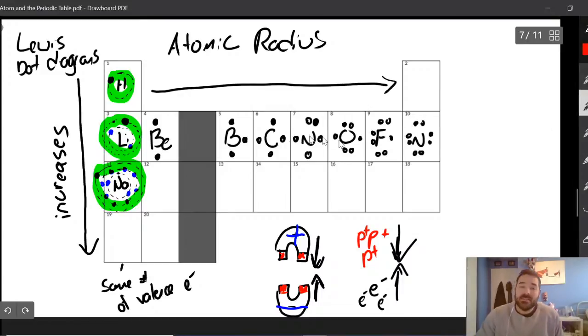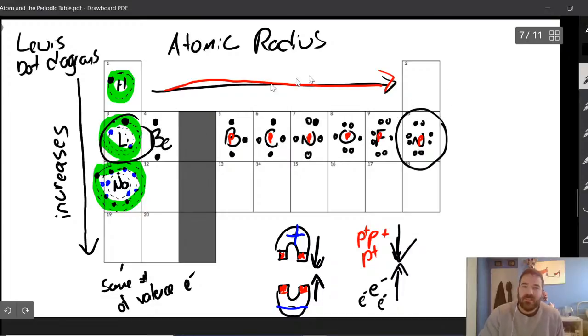And because as we go from left to right in a period, we have more protons inside these atoms and more electrons on the outside, the strength with which they attract each other gets stronger. And because neon is attracting its electrons more strongly than lithium did, we actually see a decrease in the size of the atom.